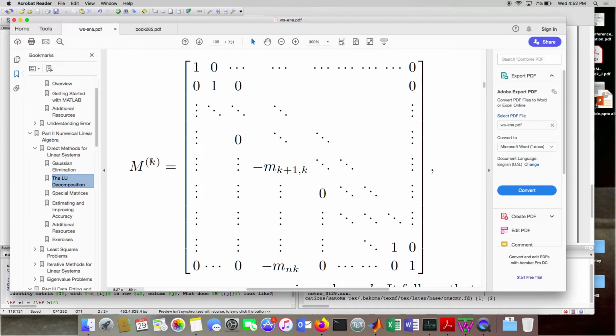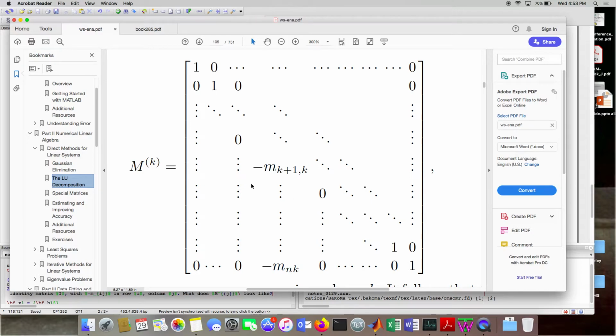These are all the elementary row matrices that work on column k. So the multipliers and negated multipliers appear in column k. So they're all stacked together in one column. So it has a very nice structure to it.